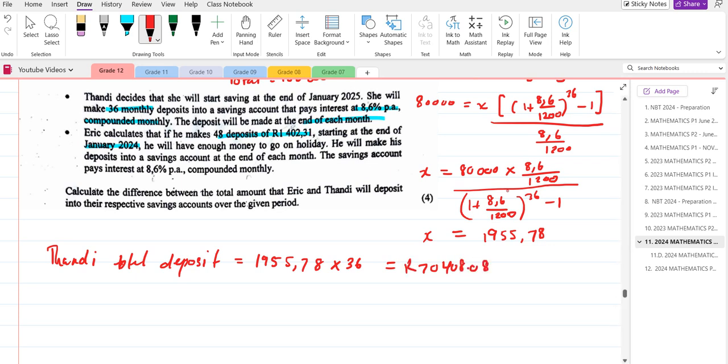And what is Eric's total deposits? He calculated 1402.31, so we don't need to do anything here. 1402.31 times 48.